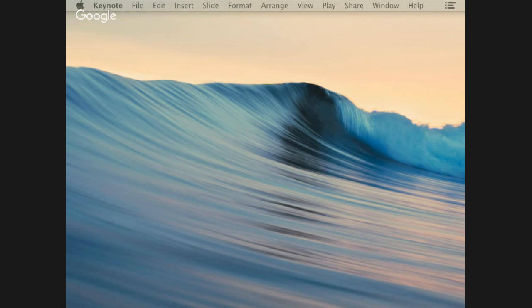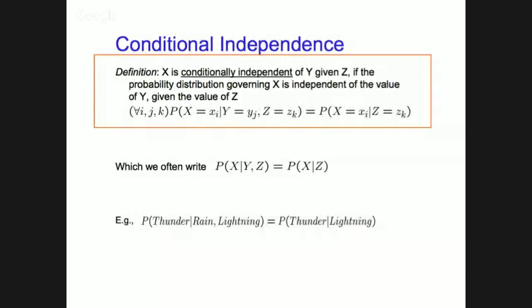Do you remember this definition of conditional independence? We said that if x is known to be conditionally independent of y given z, in that case you can just get rid of the y term and write p of x given y comma z as p of x given z.